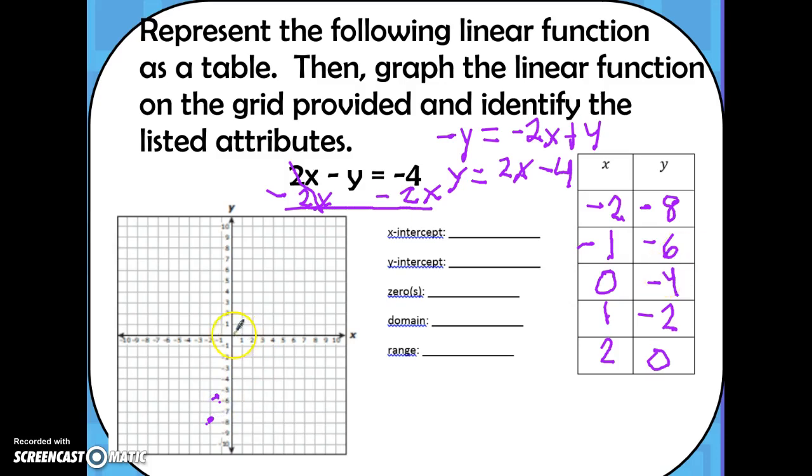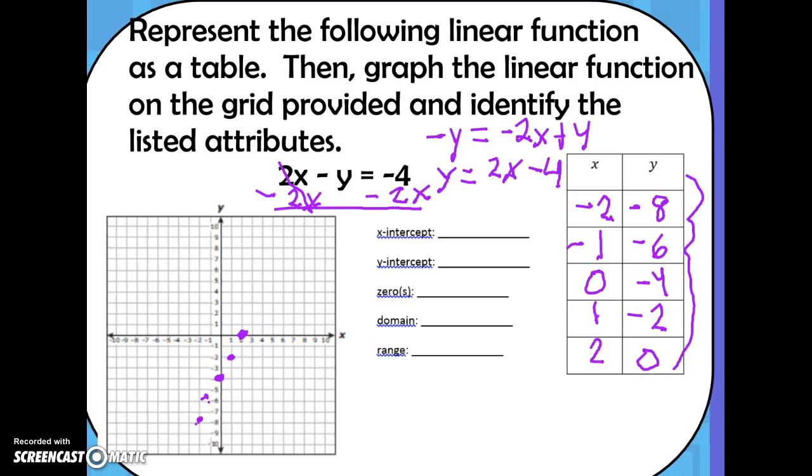And then 0, negative 4 is at 0 and down to negative 4. 1, negative 2 is over 1 and down 2. This should make a line, and the next point is 2, 0. Okay, so I plotted all of these points right here on my graph, and then I can connect it with a line. So I'm going to connect that with a line.